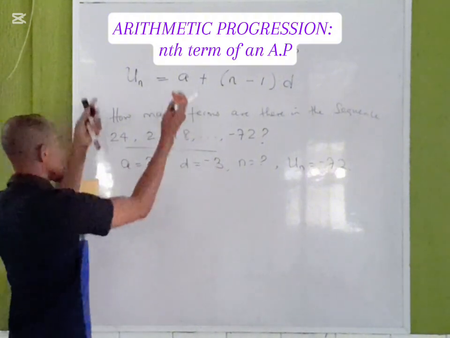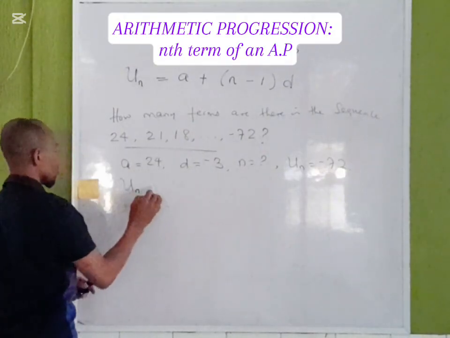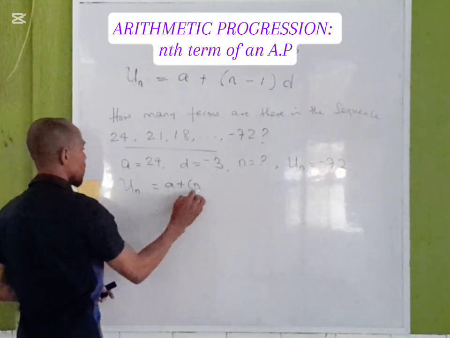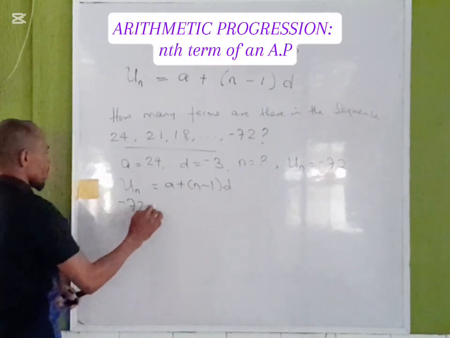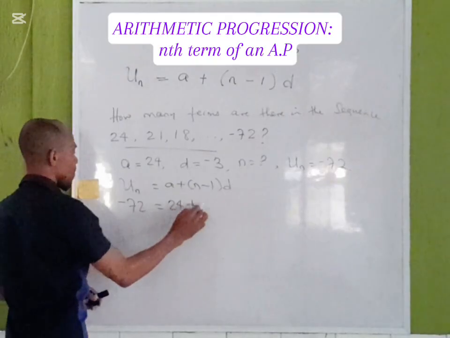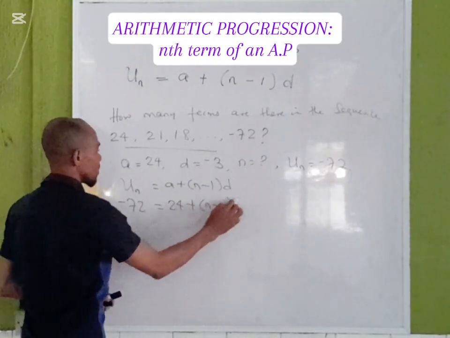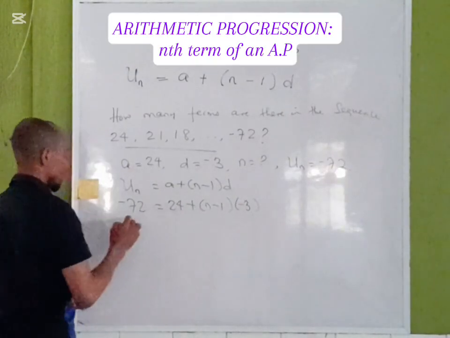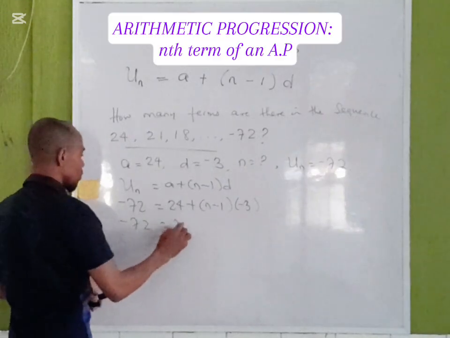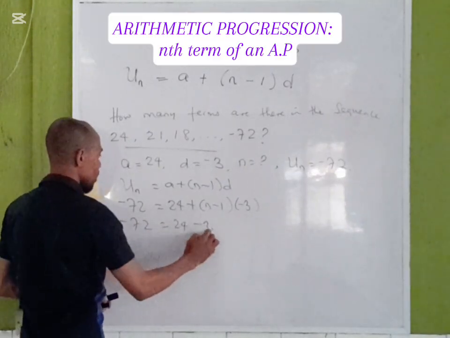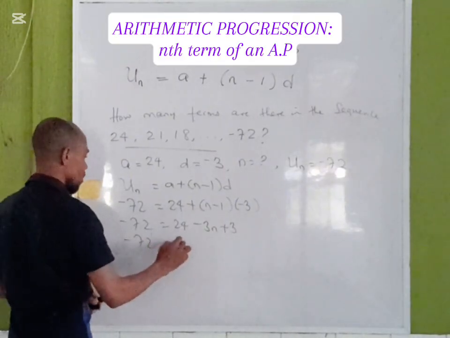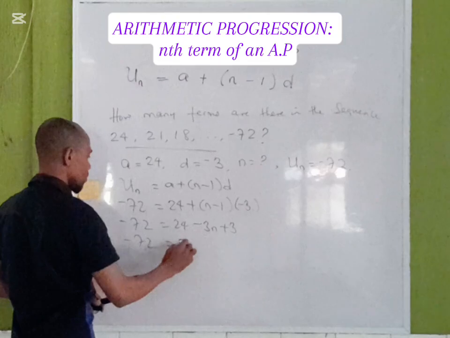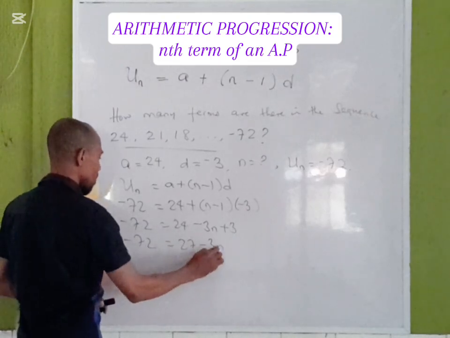After doing this, it's just a matter of substitution in the formula for the nth term. So Un is minus 72, A is 24, and D is minus 3. So simplifying this simple equation, we have 24 minus 3n plus 3. So minus 72 equals 24 plus 3 is 27 minus 3n.